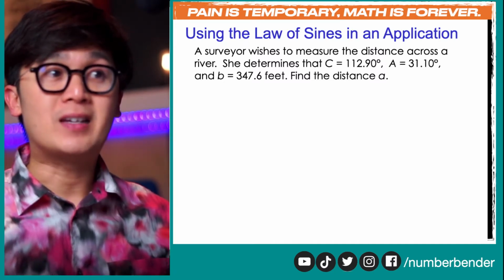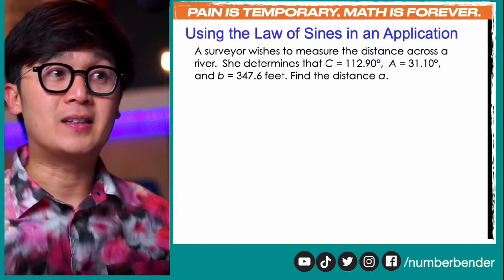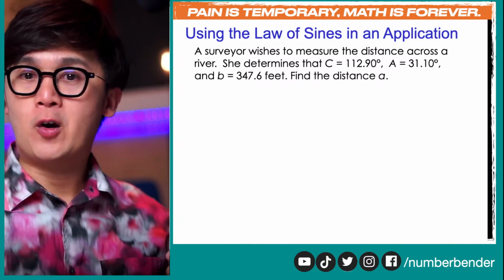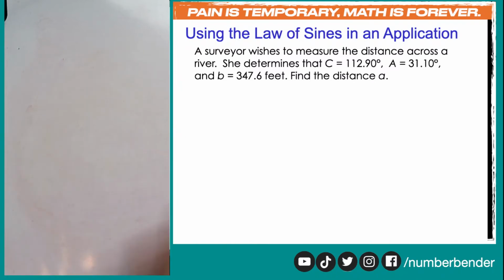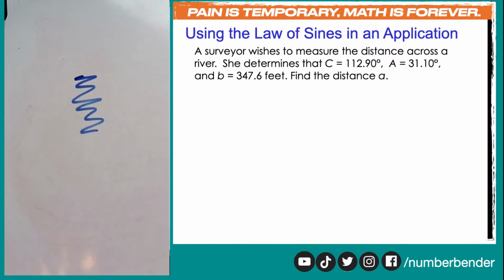We need to find the distance a, and in this case, distance a is the distance across the river. So if we're going to visualize the river and the given angle measurements, we have a river right here, and we're going to cross it.